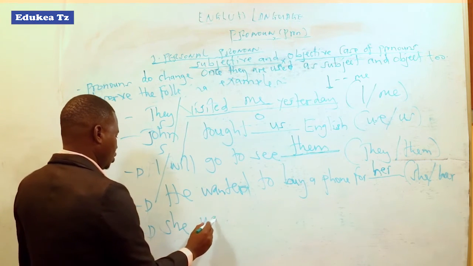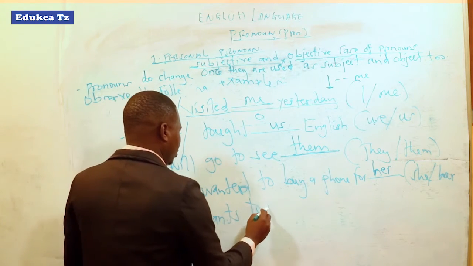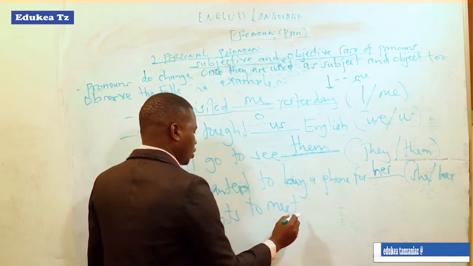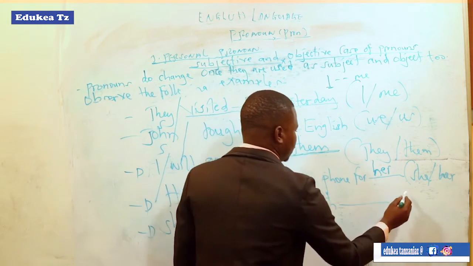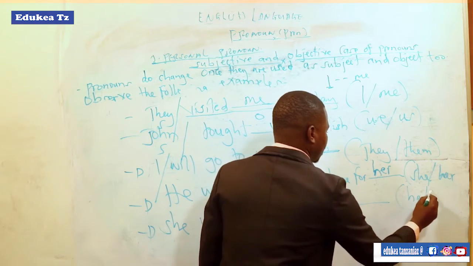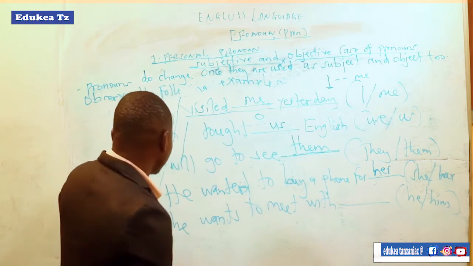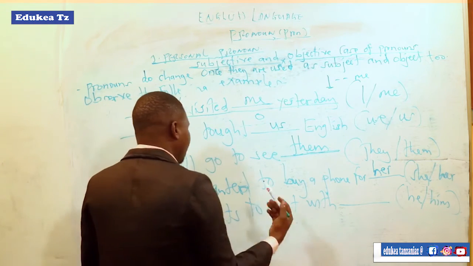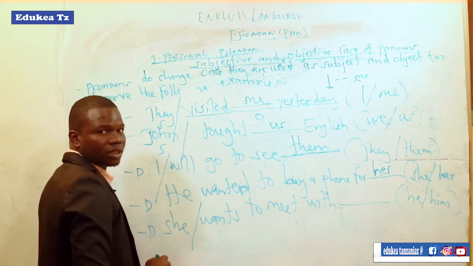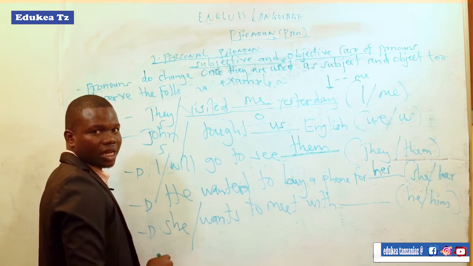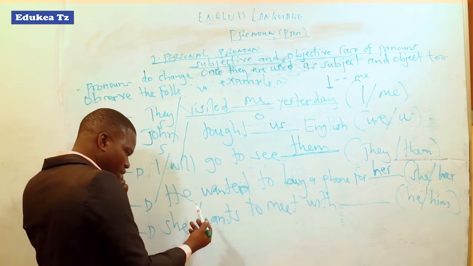She wants to meet with dash. Is it he or him? So it is, she wants to meet with. Our subject ends with she, that is our pronoun. But from "wants", this is a verb.